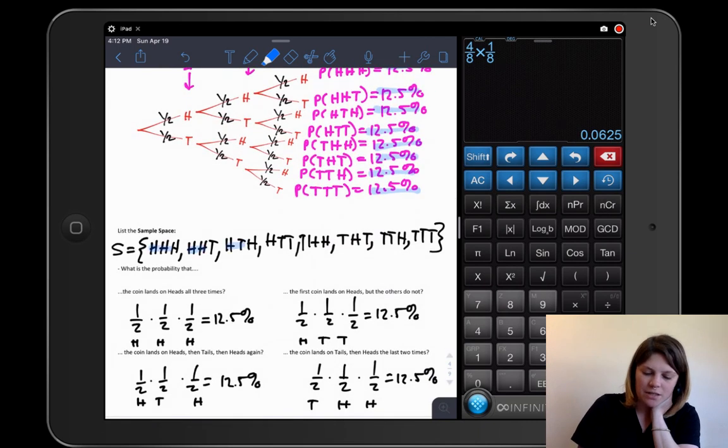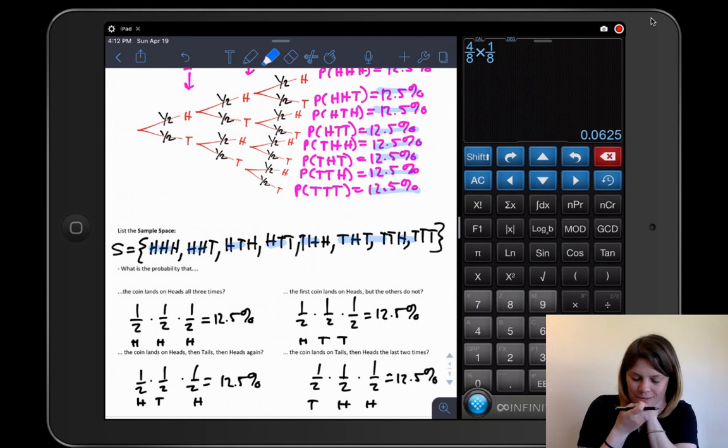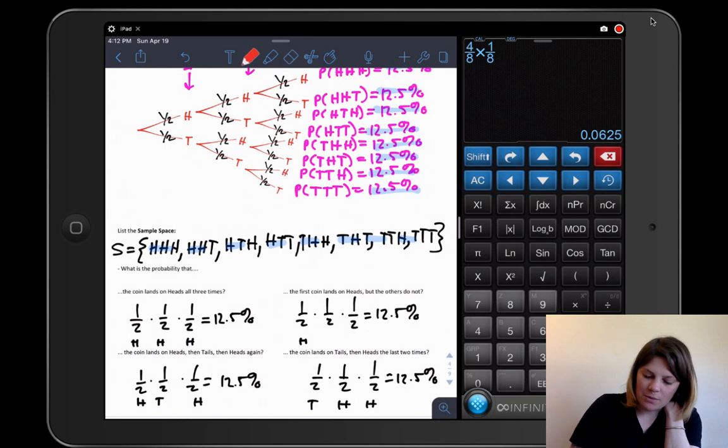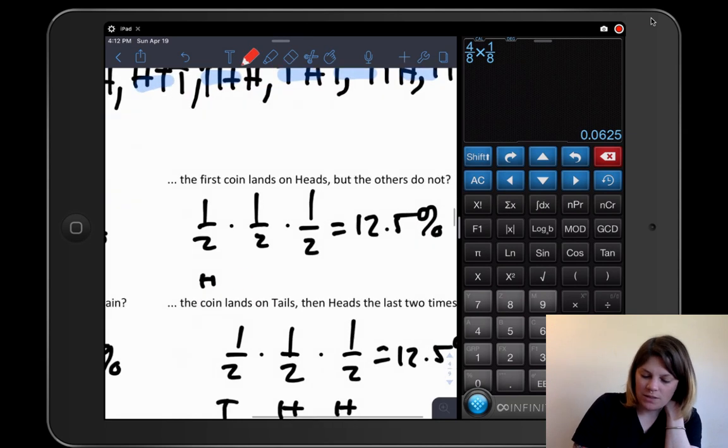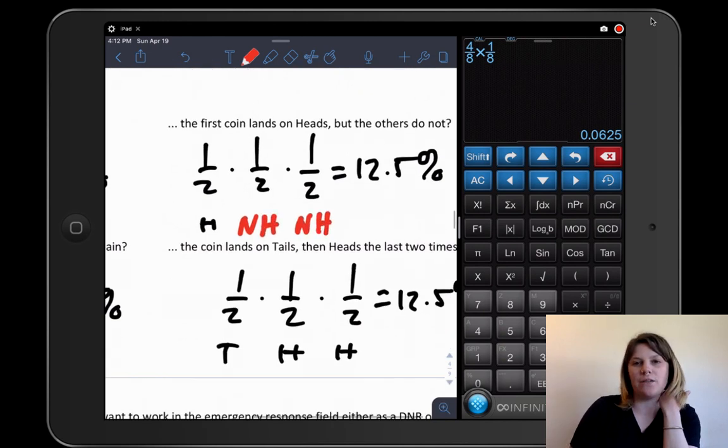Here is our sample space. And here I wrote out the probabilities, but they also correspond to some of the things that are in the tree diagram. Remember, you're going to start seeing me once things get a little bit more complicated. I might write "not H" instead of saying tails.